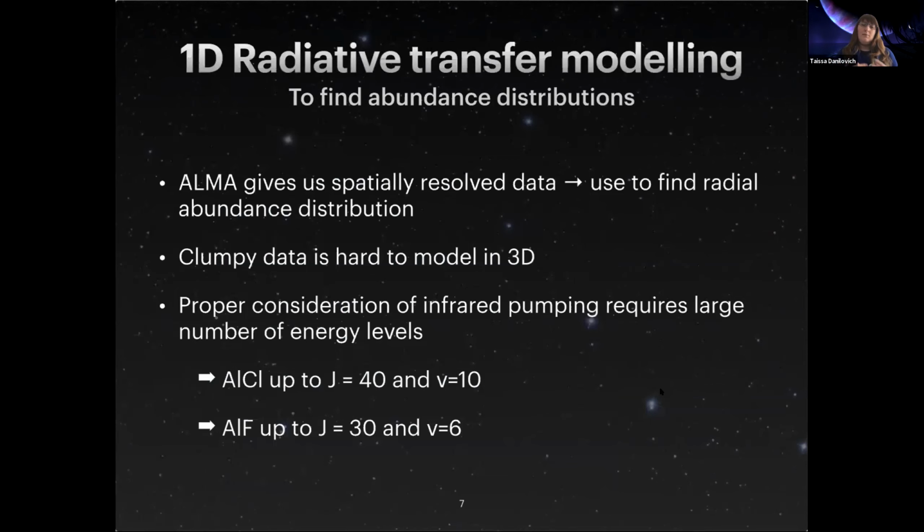We just take an azimuthal average of the data to obtain the spatial information. This, of course, as we've just seen, will not be a perfect model, but does give us a reasonable approximation of the abundance of these 2 molecules, and especially the abundance closer to the star, where for AlF that was more central, and for AlCl that was more noisy and clumpy. Those clumps in AlCl would also be fairly difficult to model in 3D.